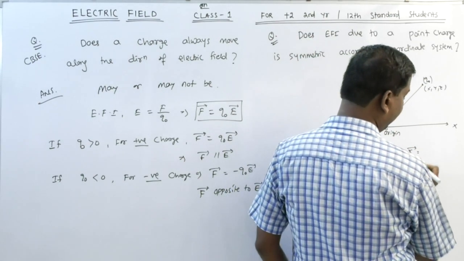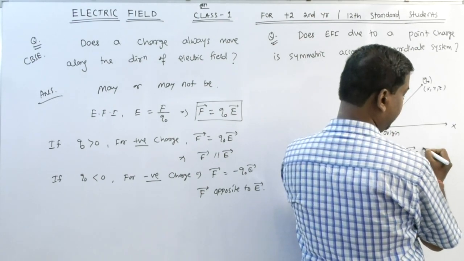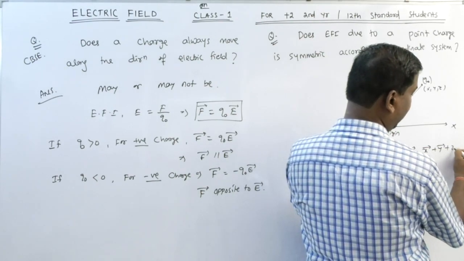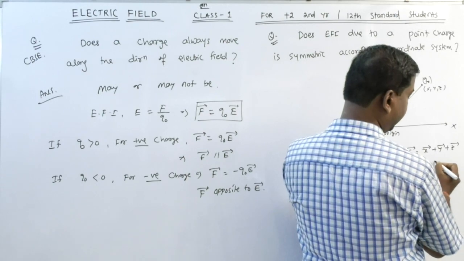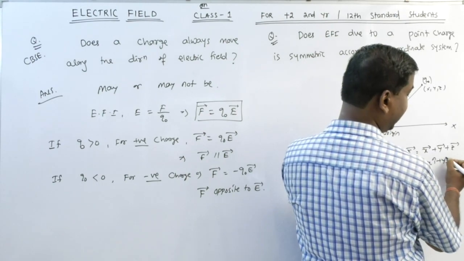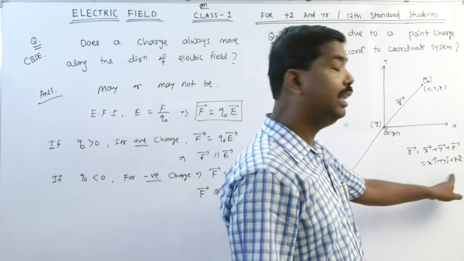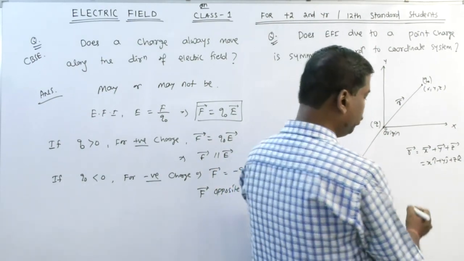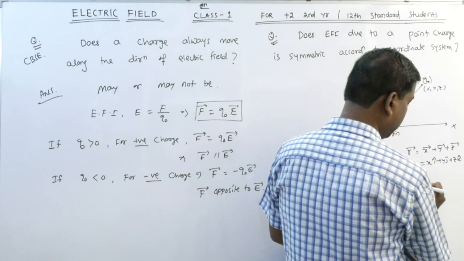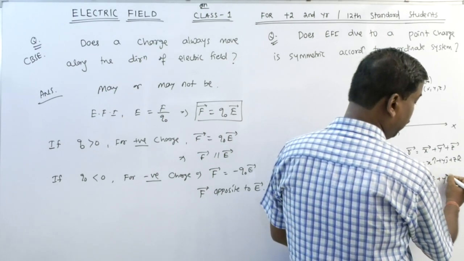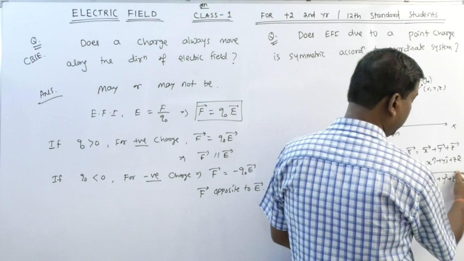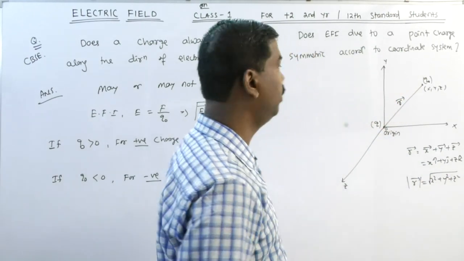Then I can write the r vector is equal to x vector plus y vector plus z vector, or I can write it as x i cap, y j cap, and z k cap, in the vector form. And the magnitude of the r vector will be the square root of x square plus y square plus z square.